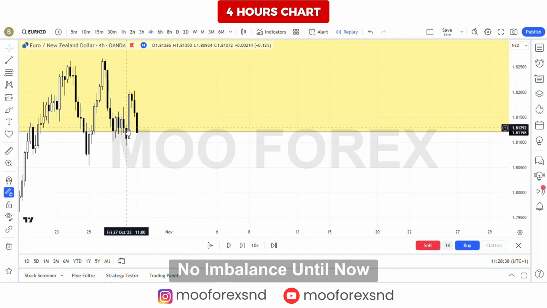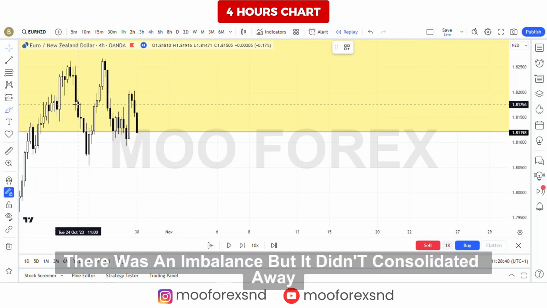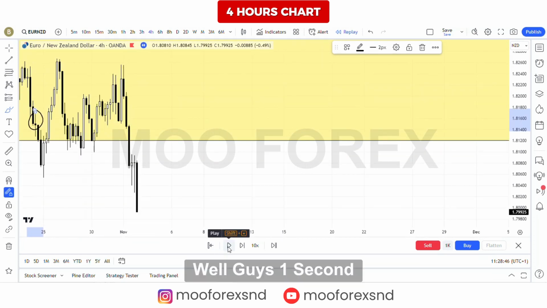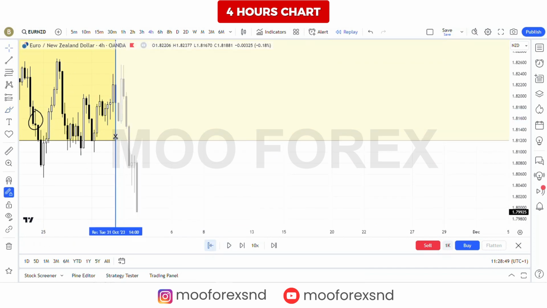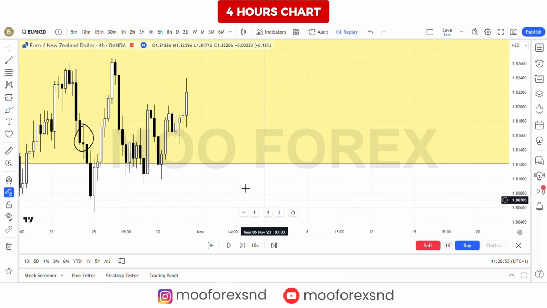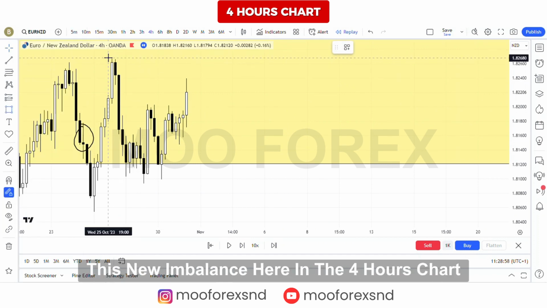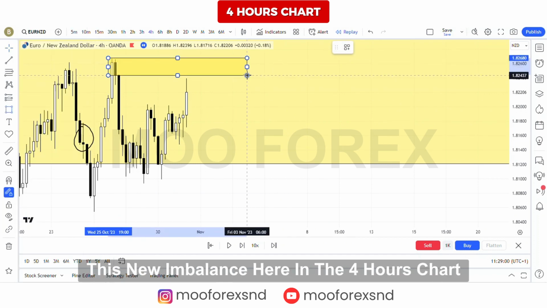No imbalance until now. There was an imbalance, but it didn't consolidate away. So we had this new imbalance right here in the 4 hours chart.